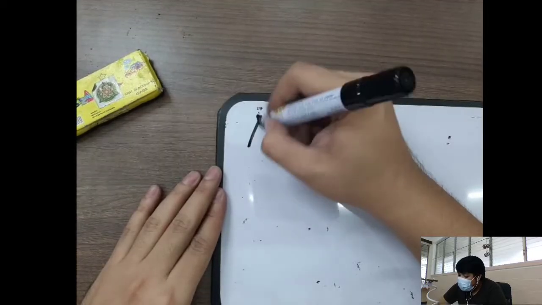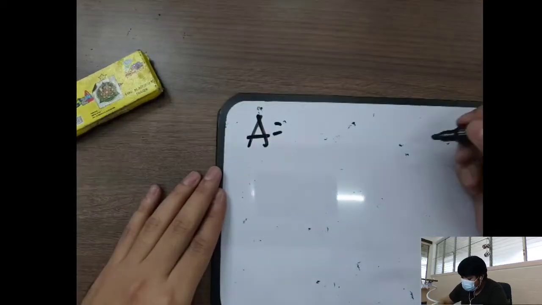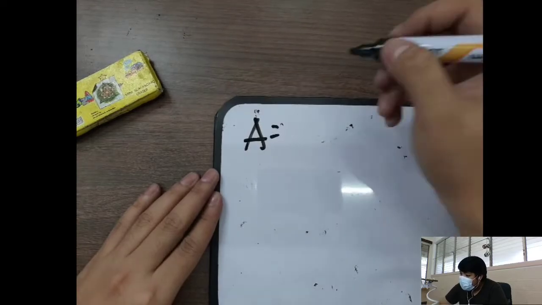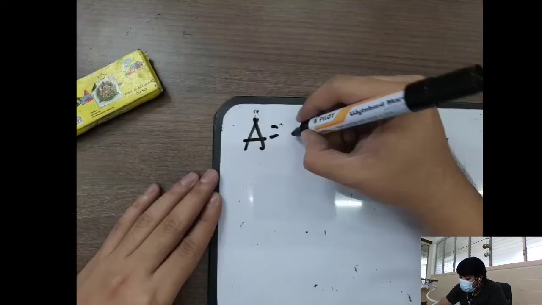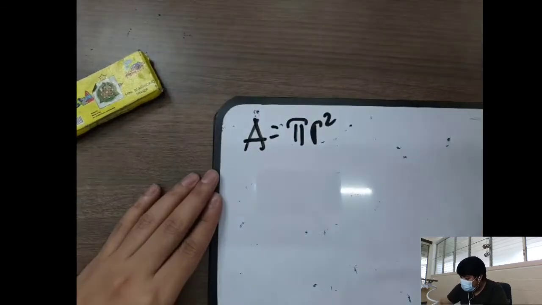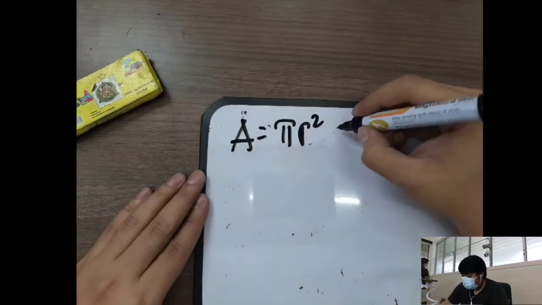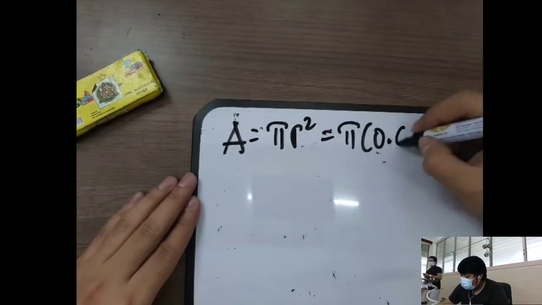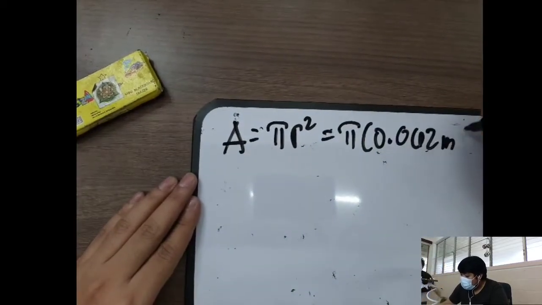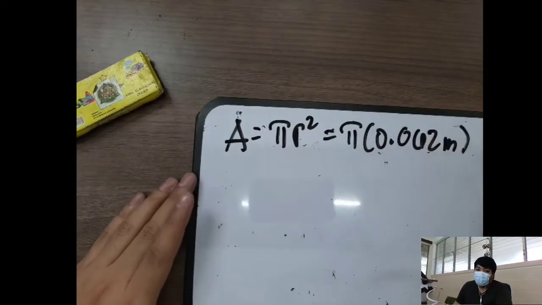So we get the area of the ring, which is the area of a circle, so it's pi r squared. We know that, and we just plug in our values for the area. From centimeters, I converted this to meters.